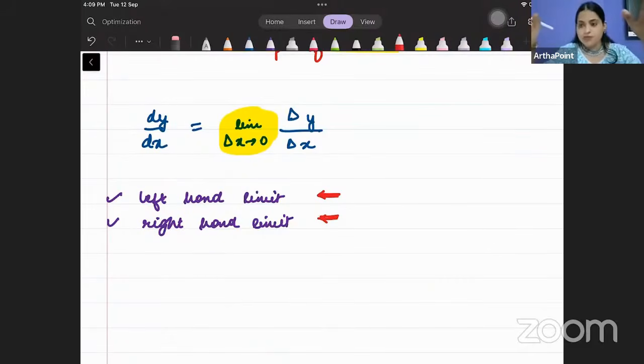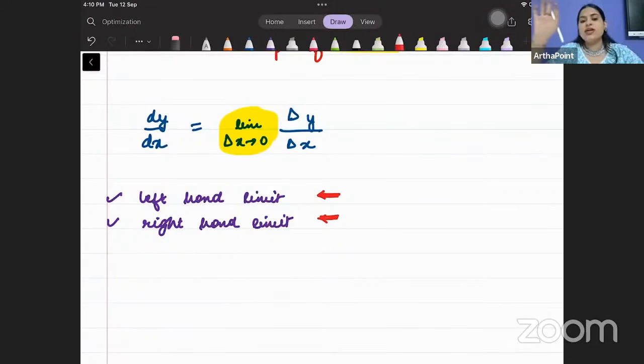What value does the variable approach as it goes towards another variable? That is called limit. It means that as I keep moving towards a number, when I am going in the direction of a number, which number am I approaching, that is called the limit.